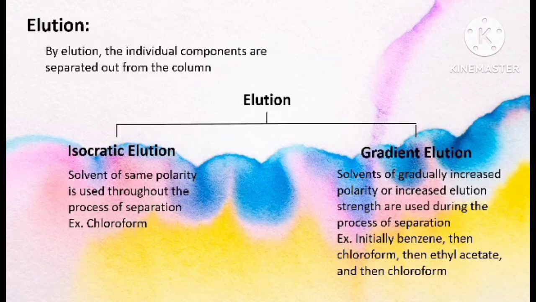For example, you initially use benzene, then you use chloroform, then you use ethyl acetate, and then back to chloroform. So in short, in gradient elution, you use three or more solvents, while in isocratic elution, you only use one.